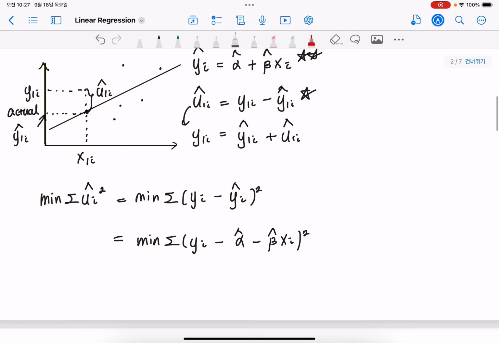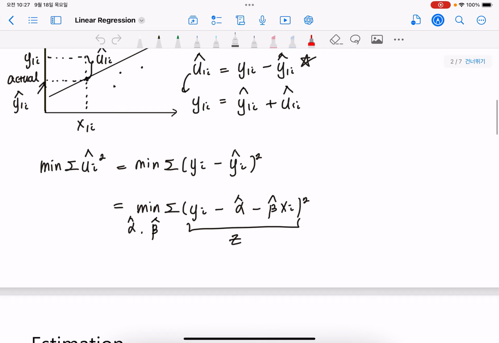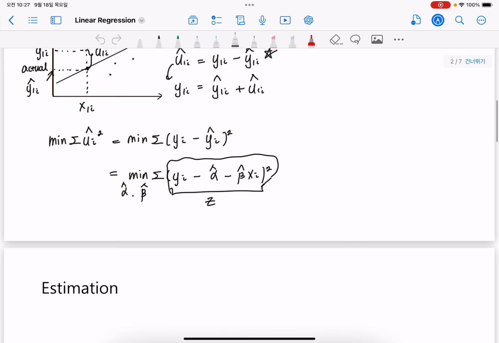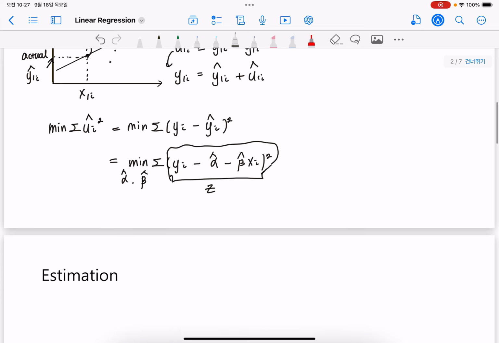And we want to minimize with respect to 2 parameters, which is alpha hat and beta hat. Okay, and let me say this is z. Z, by the way, is the square. I'm also including the square term right here. So we are minimizing this with respect to alpha hat, right?